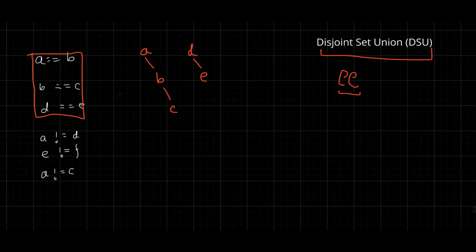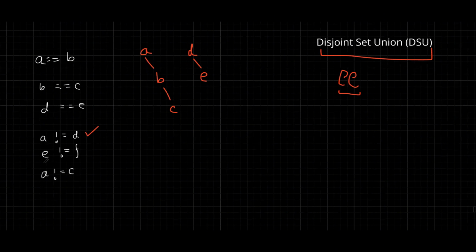Now, after we have built the components, we have to check for all of the non-equalities. Suppose here A is not equal to D. That means A and D cannot belong to the same component. Is it true? Yes. A is here, D is here. They both belong to different components. That means it is possible.